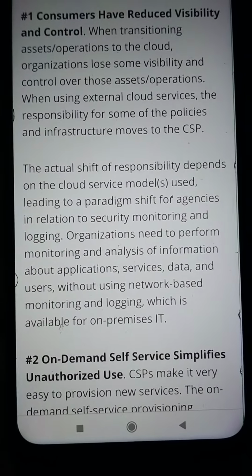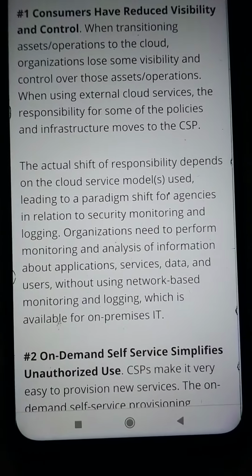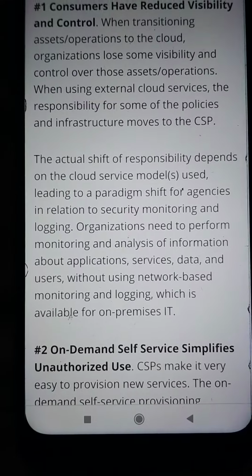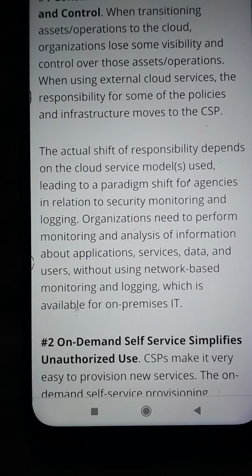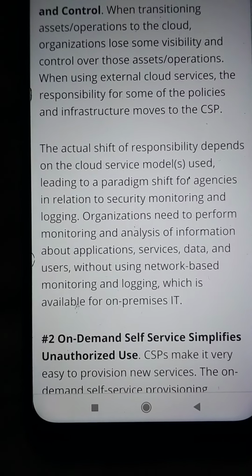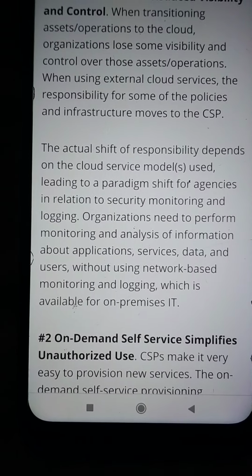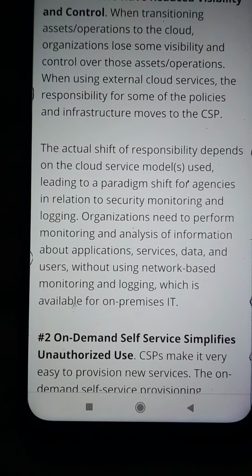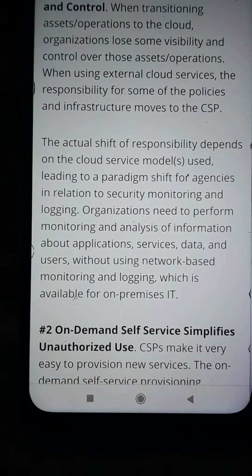The actual shift of responsibility depends on the cloud service model used, leading to a paradigm shift for agencies in relation to security monitoring and logging. Organizations need to perform monitoring and analysis of information about applications, services, data, and users without using network-based monitoring and logging, which is available for on-premise IT.